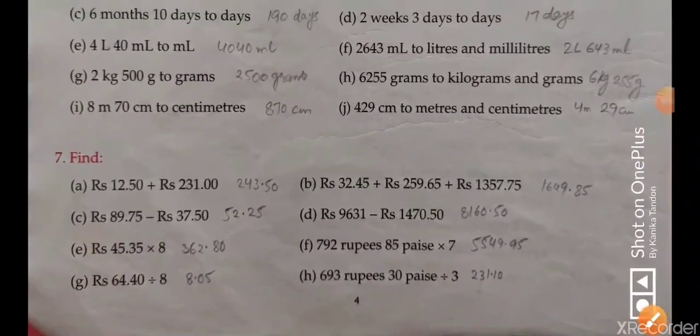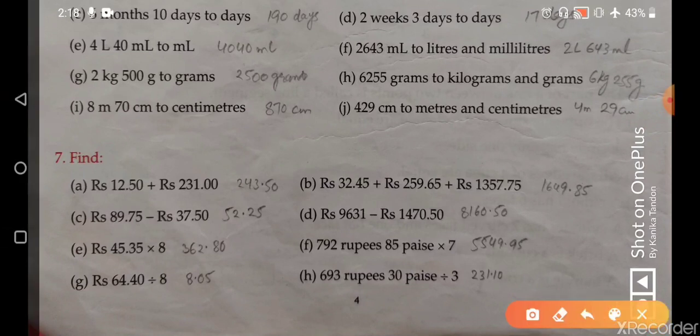Coming on to the 7th question, that is find. This question has a total of 8 parts, and it is very easy. We have to add, subtract, multiply and divide. So the first question is rupees 12.50 plus rupees 231.